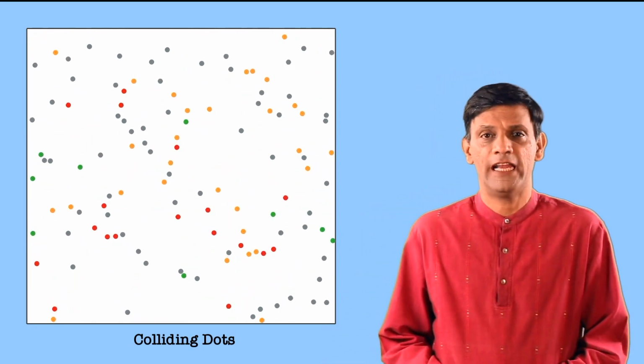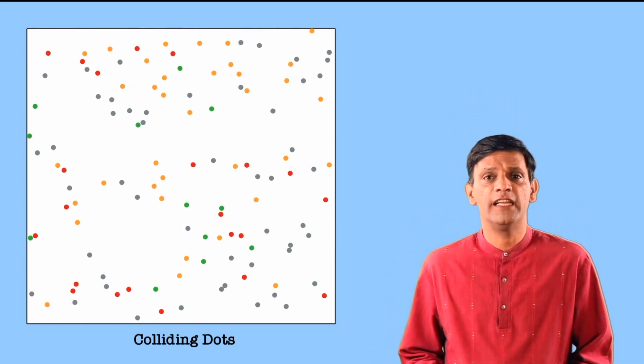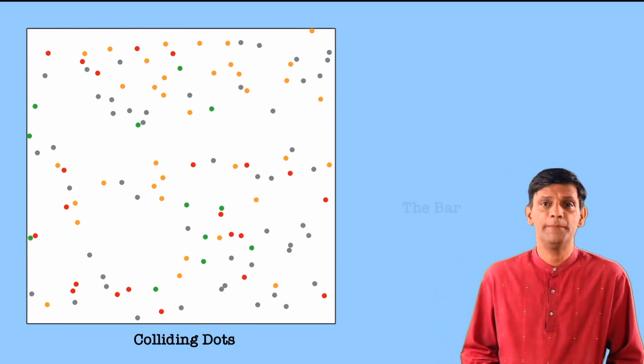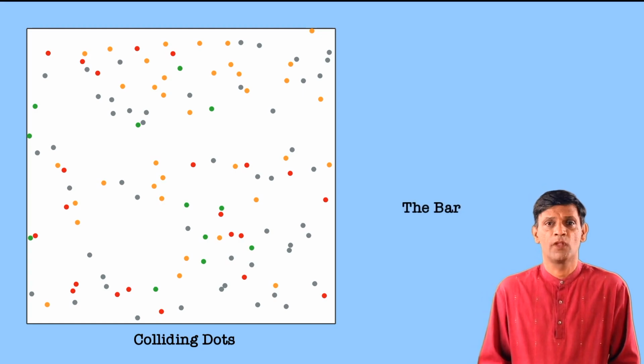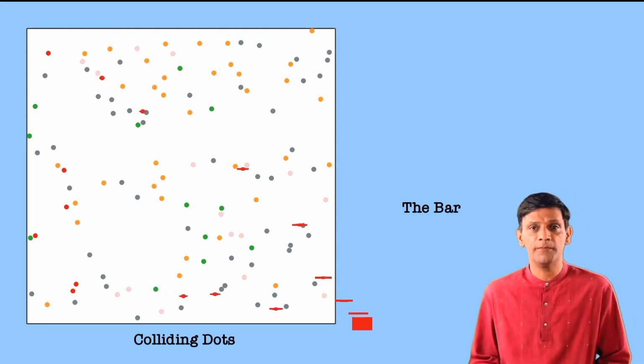Let us stop our animation and at this point introduce a tool to study our epidemic, the bar. The bar keeps the counts for us. First, it counts the number of red dots representing the infected people who are showing symptoms.